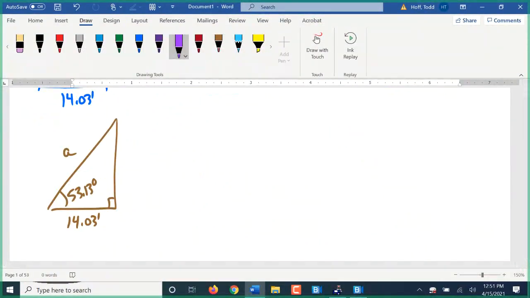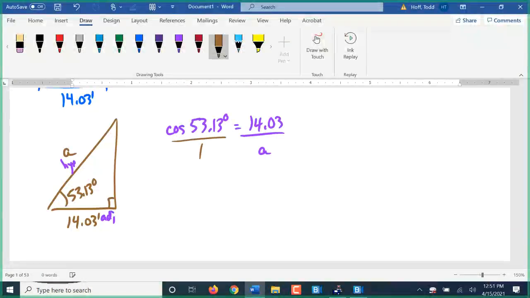I have the adjacent side and the hypotenuse, which is a cosine. Cosine of 53.13 degrees equals my adjacent side of 14.03 over my hypotenuse, which is A. Again, since I am looking for a missing side, I turn it into a proportion by putting it over 1 so that I can cross multiply and divide.